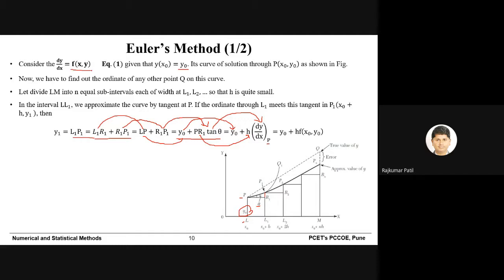This equation is given to you, and if we put the values of x and y, you will get the solution. P is any point and its coordinates are generally known. In this case you can see x0 and y0 are given to you.